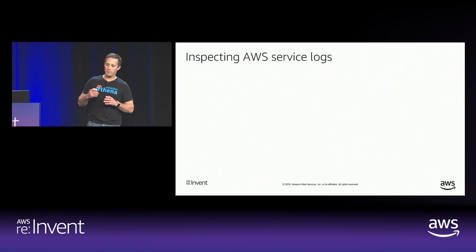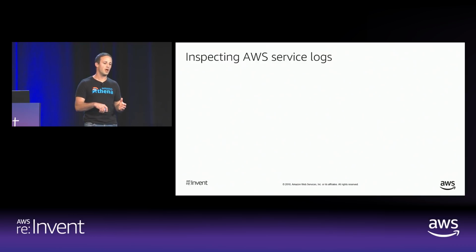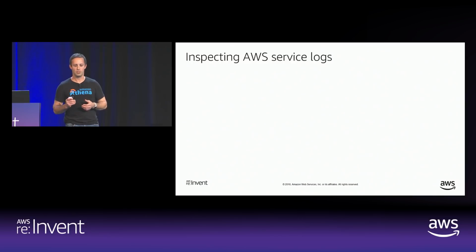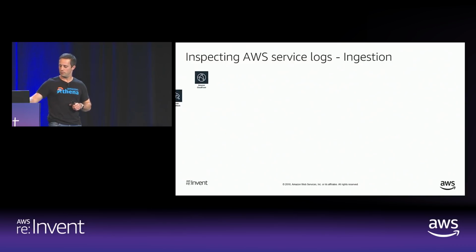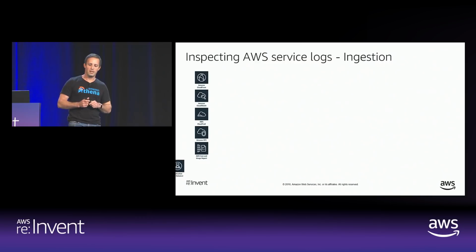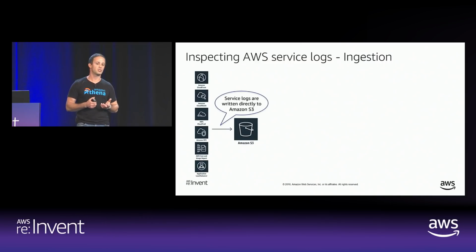All right, so up till now, the common use case was a data lake. The next use case or trend I'm going to look at is inspecting AWS service logs. Many of the AWS services already store all of the log data into S3.